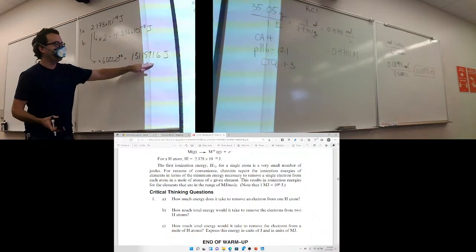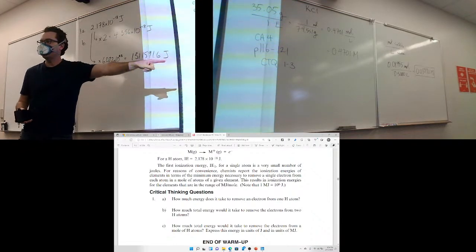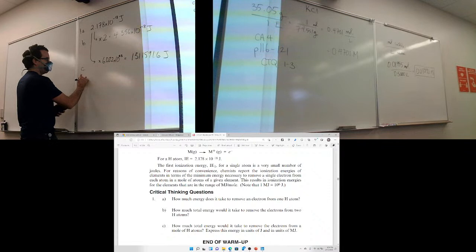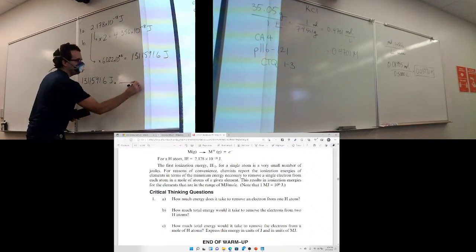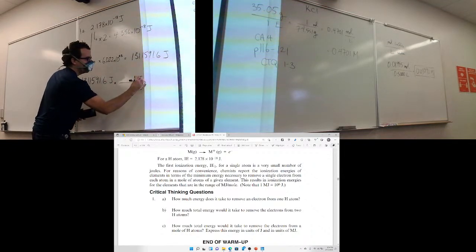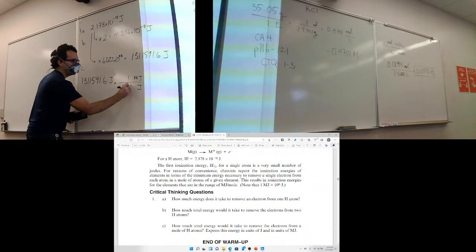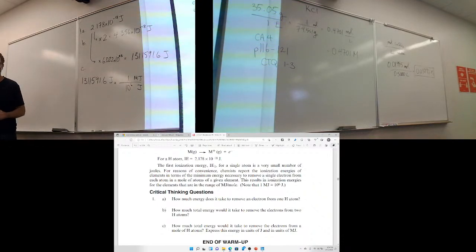But this is a really big number, so it might be nicer to use megajoules. If you don't know the conversion, 1 megajoule is 10 to the 6th joules. It's the next step after kilo.